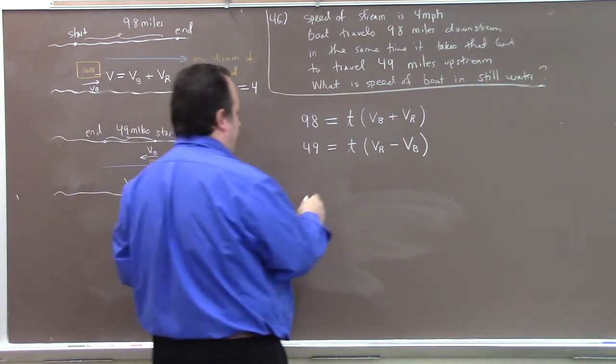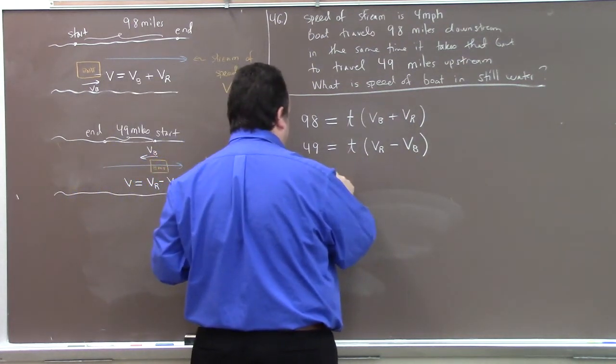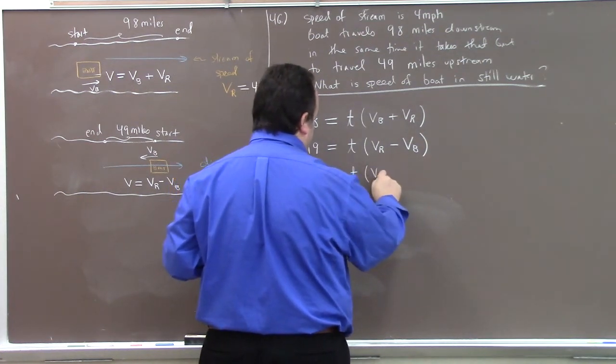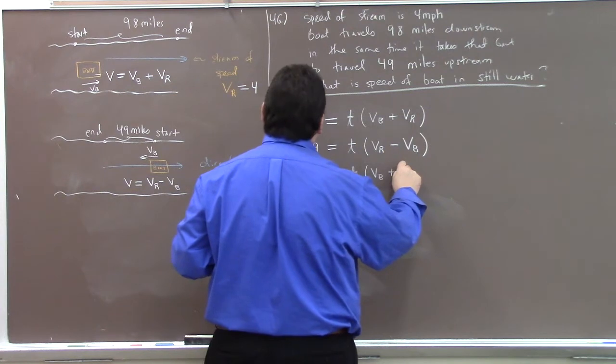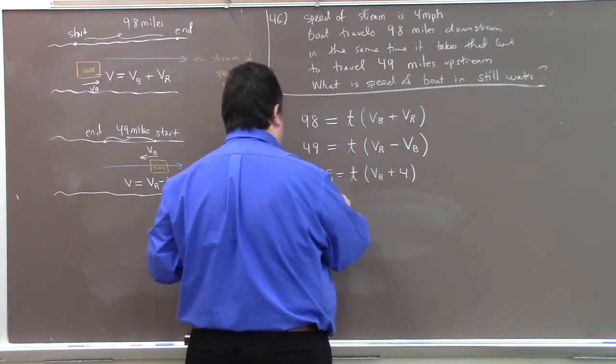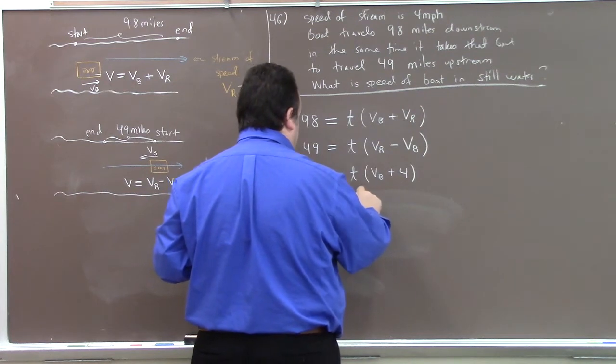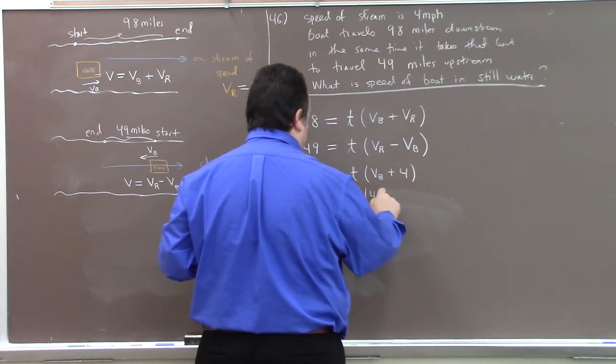So what do we have? We've got 98 is equal to the time we don't know times the velocity of the boat, which we don't know, plus 4. And on the other hand, 49 is equal to the time we don't know times 4 minus VB.